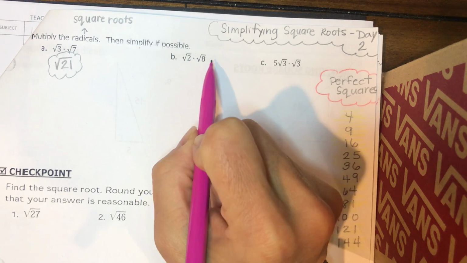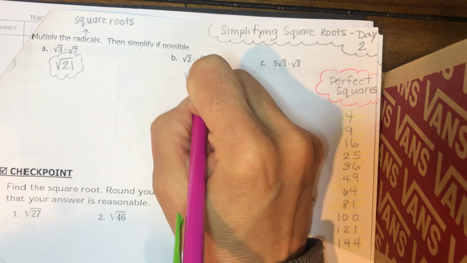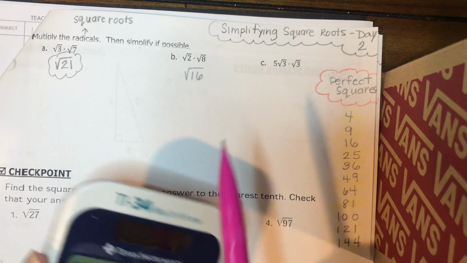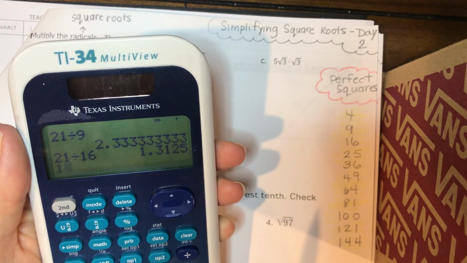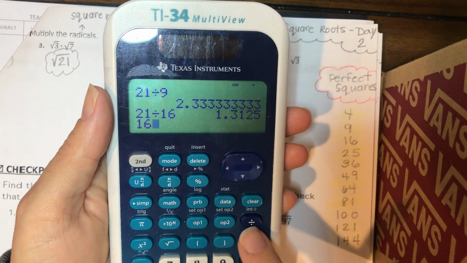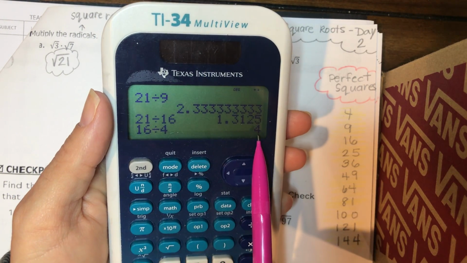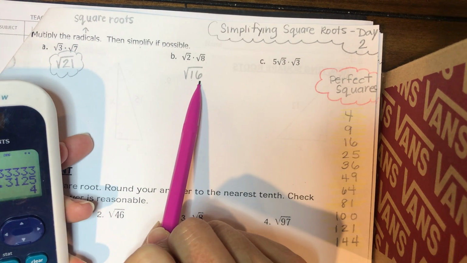Square root of 2 times the square root of 8. Well, 2 times 8 is 16, so we have the square root of 16. So, square root of 16. Does 4 go into 16? It sure does, 4 times. So let's think about that. The square root of 16.